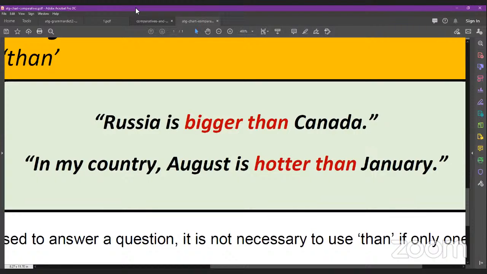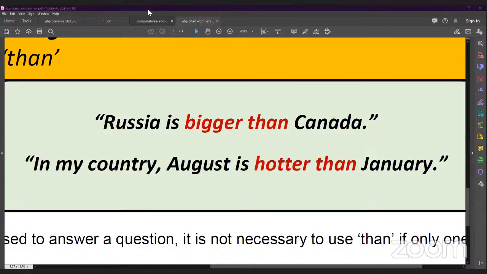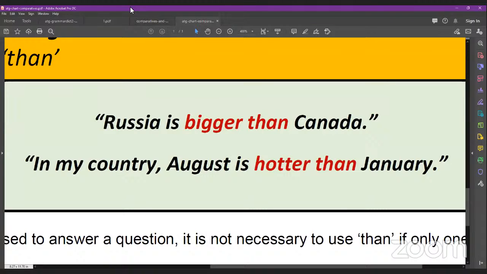Comparative form of irregular adjectives. For example, what is the comparative form of good?